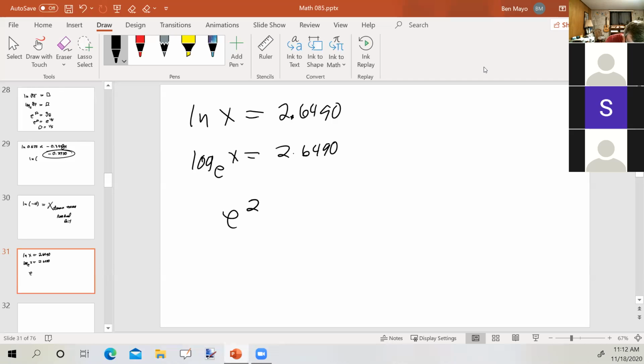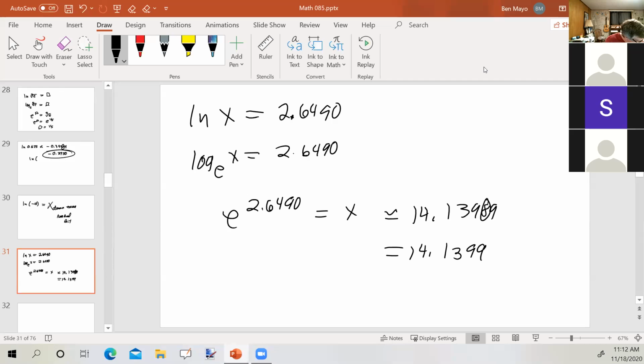Rewriting it as an exponential equation, we get that. So now, second e to the x, I've got e to the 2.6490. And I get 14.13989, which is going to be 14.1399.